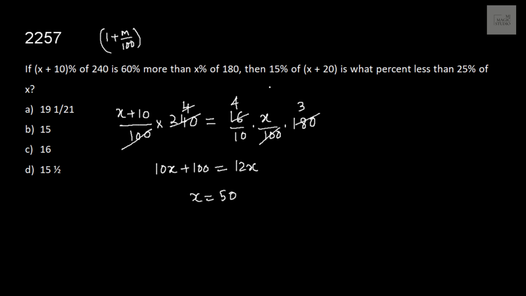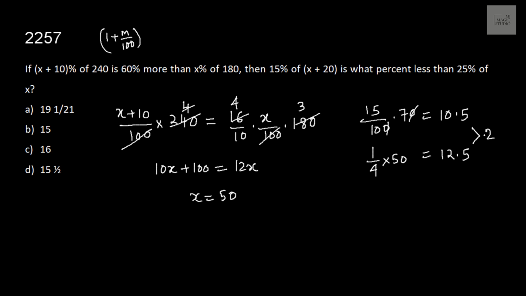Fine. Now what is asked? 15% of x plus 20. So 15% of x plus 20, that is 70, is 10.5. Is what percent less than 25% of x? 25% means 1/4 of x, that is 12.5. So how much is 10.5 less than 12.5?